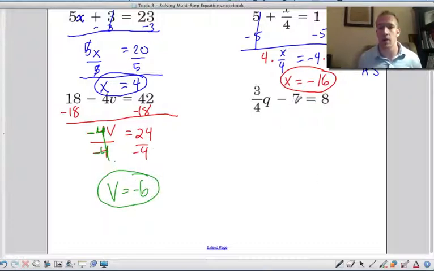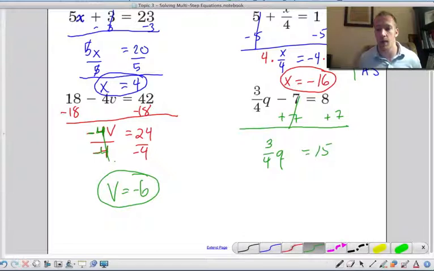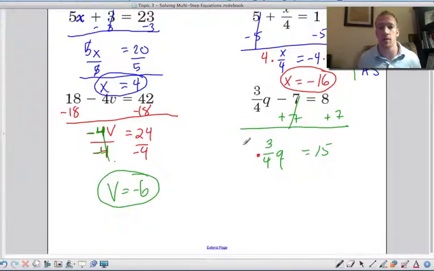So here, working our way backwards, what I'm going to do first is add the 7. So that eliminates, I get 3/4 q equals 15. Now, remember from our last lesson, if you've got a fraction, you're really just multiplying by the reciprocal, multiplying by it flipped over.